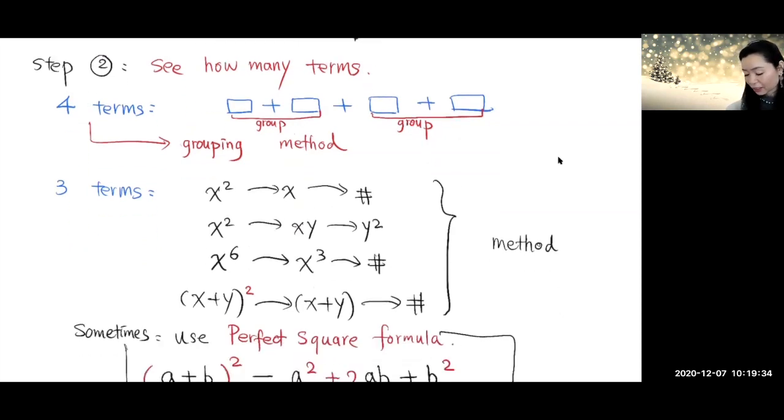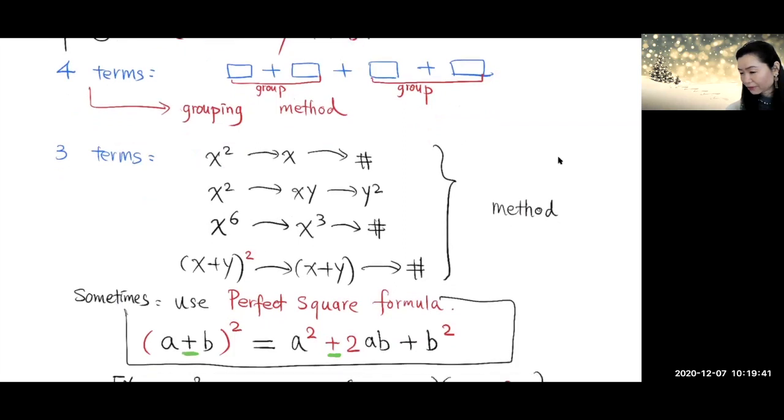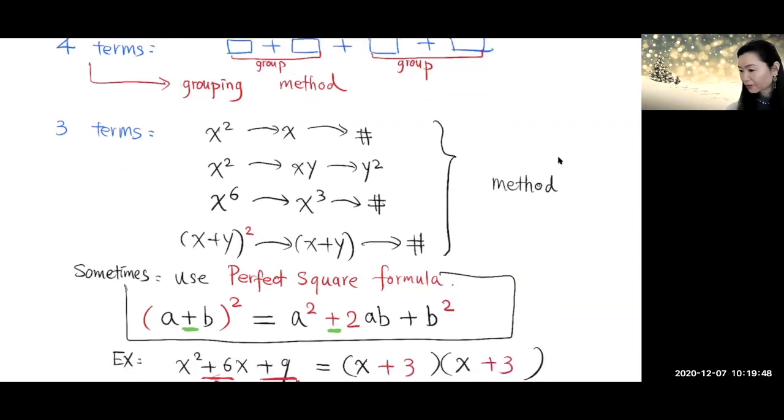If it has 3 terms, and the 3 terms are in one of these forms right here, then what kind of method? Start with a T. So we use the try and error method, right?